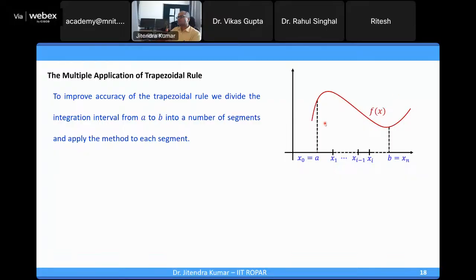So here, this is the curve, and you have x0 equal to a here, and this is b, and we have divided it into several subintervals: x1, then x2, x3, and so on.